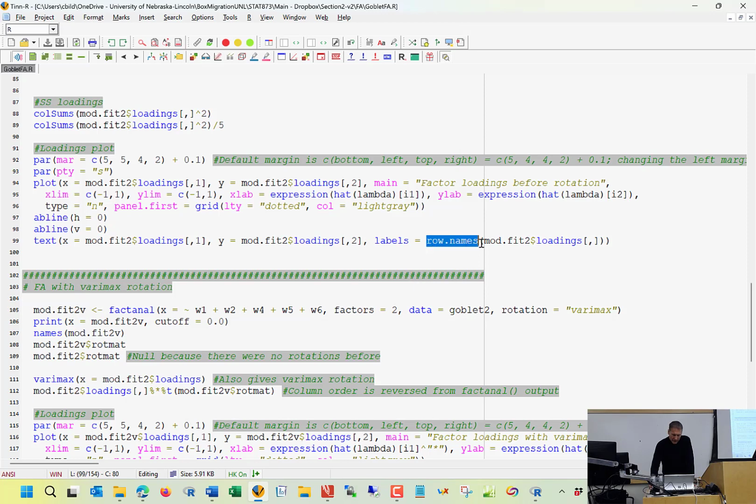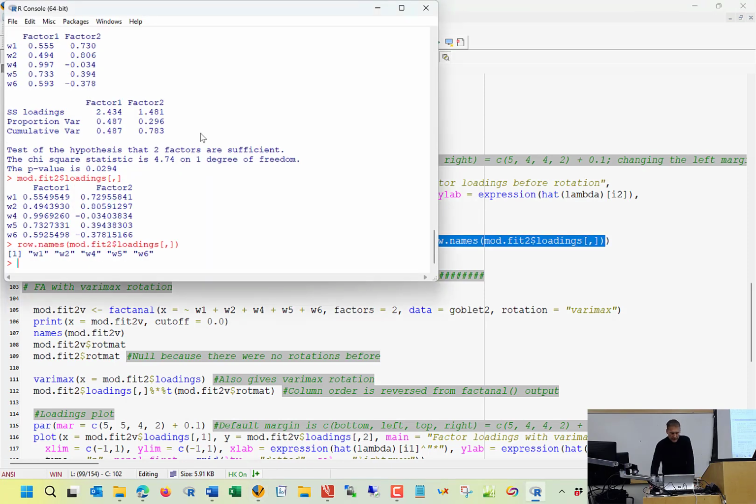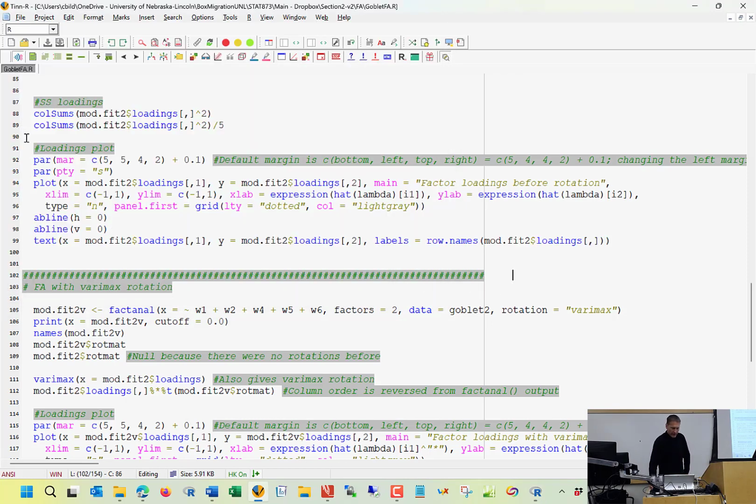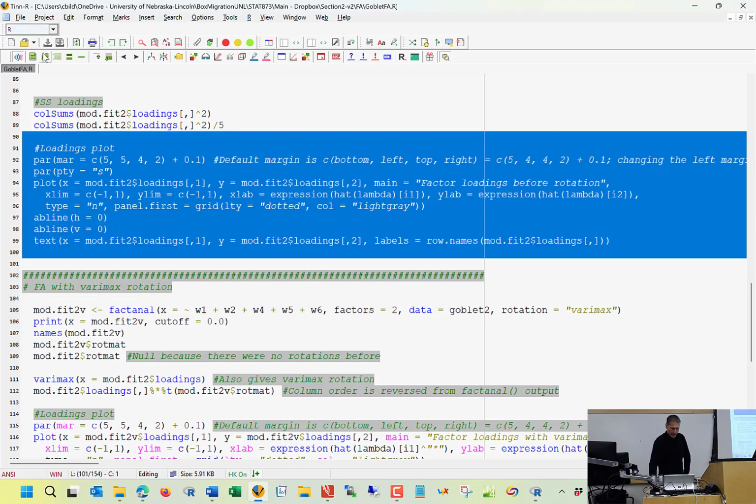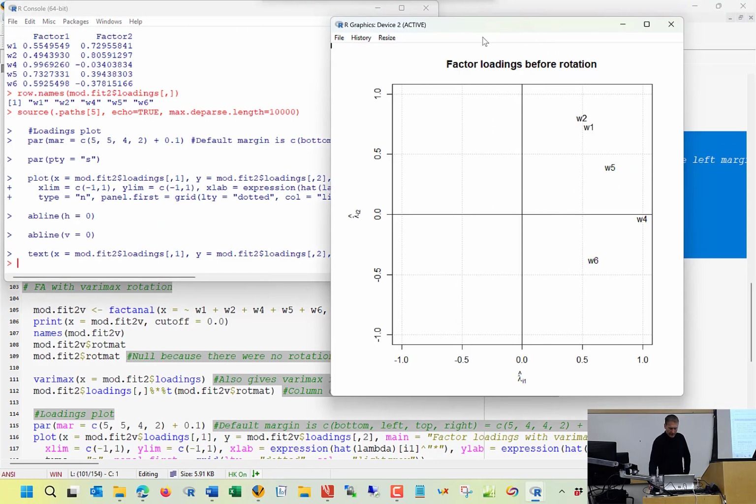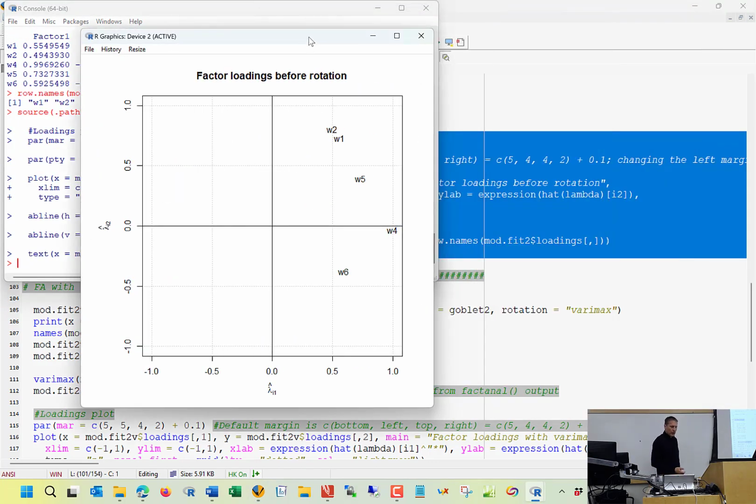And so the way I can extract it is to use a function that's intuitive, row.names, and I get W1, W2, W4, W5, W6. I'm going to use those as labels when I do my plot. And this is what I get. On the x-axis, I have the lambda hats corresponding to factor 1. On the y-axis, I have the lambda hats corresponding to factor 2.